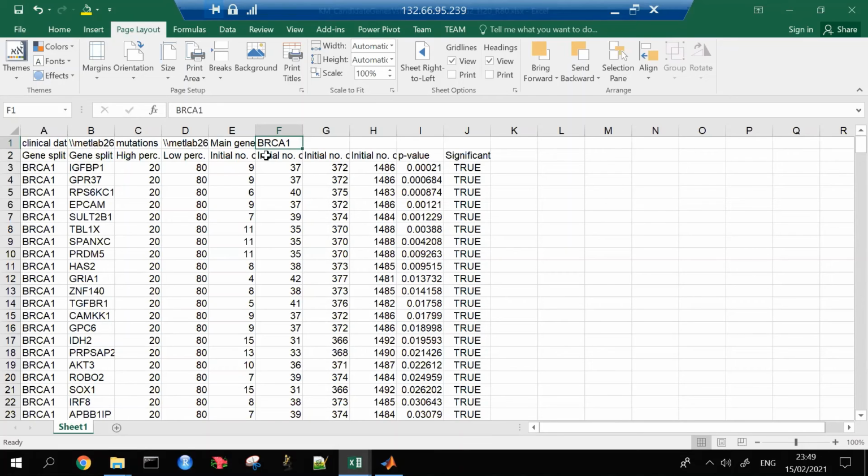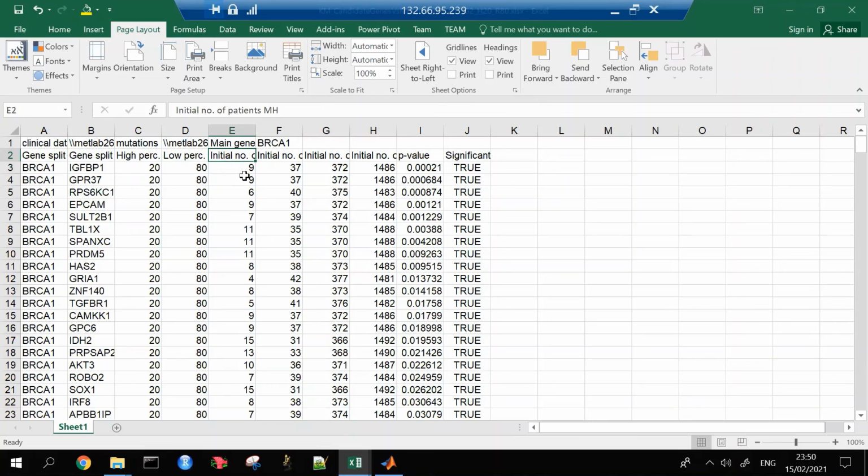Another thing I want you to notice is the initial number of patients in each group. Not all of them are statistically significant.